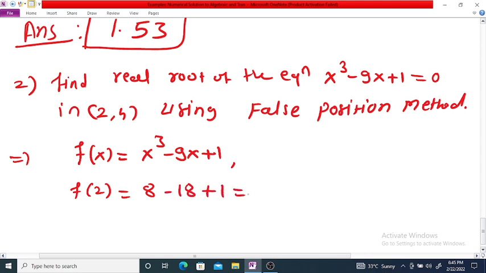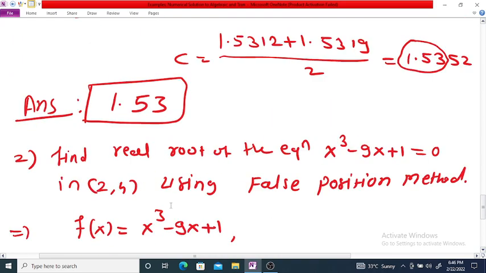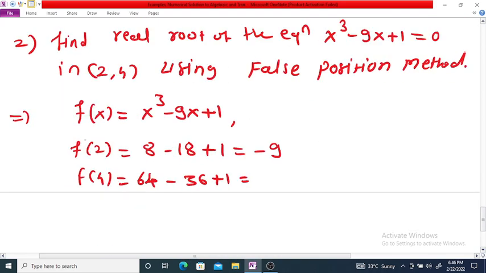So this is equal to 8 plus 1 minus 18, which is minus 9, and f of 4 is equal to 4 cube, that is 64, minus 36 plus 1. The root lies between 2 and 4, sorry, here 2 and 3, make changes here, 2 and 3.